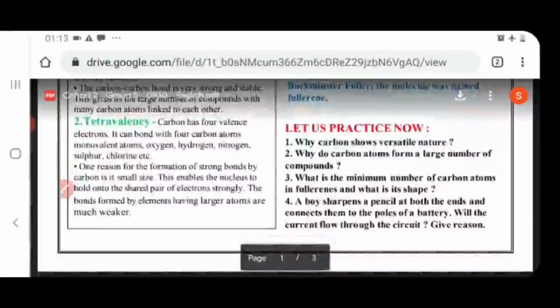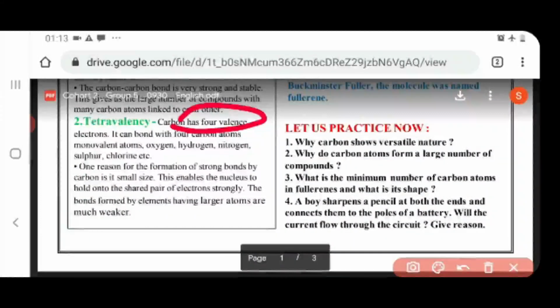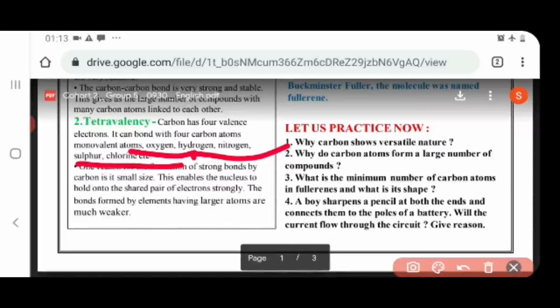Everyone knows that carbon has 4 valence electrons, and that's why it is called tetravalent. It can bond with 4 carbon atoms. Okay, it can also be bonded to monovalent atoms like oxygen, hydrogen, nitrogen, sulfur, chlorine, etc.